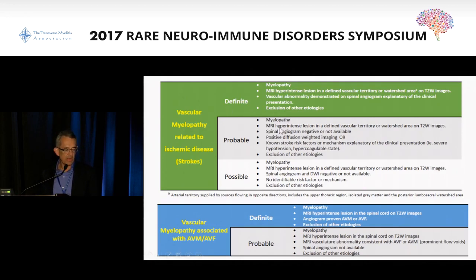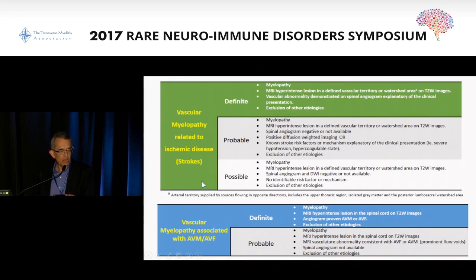So these are research definitions, and in each definition, in vascular myelopathy, we include the exclusion of other etiologies that may be associated with myelopathies, but particularly we pay attention to the distribution of the lesion and the characteristic of the lesions to define that myelopathy.